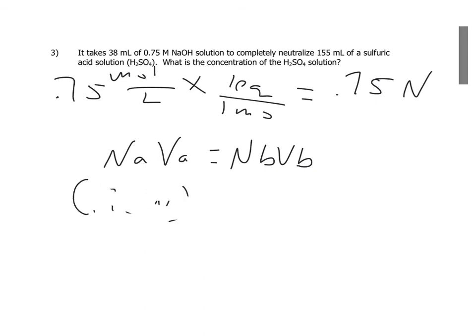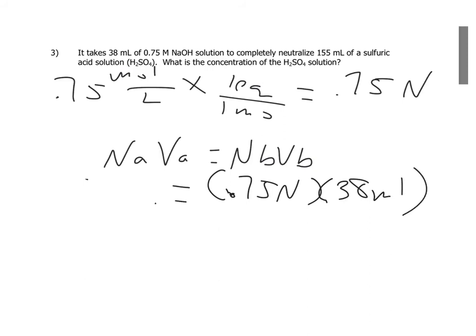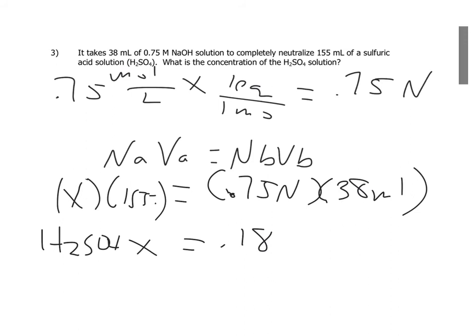Let's erase this over here, and we'll put it over here on the base side. So 0.75 normality, and we have 38 milliliters, and that's going to equal X times 155. My X will equal 0.18 normality for my H2SO4.